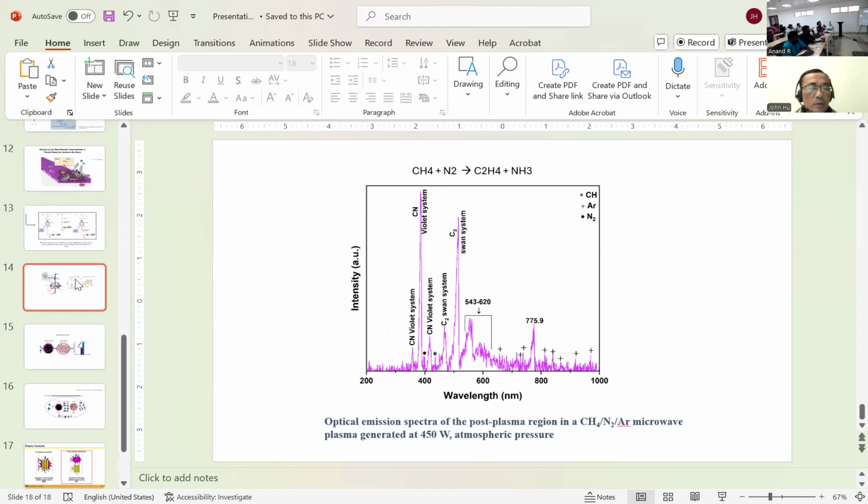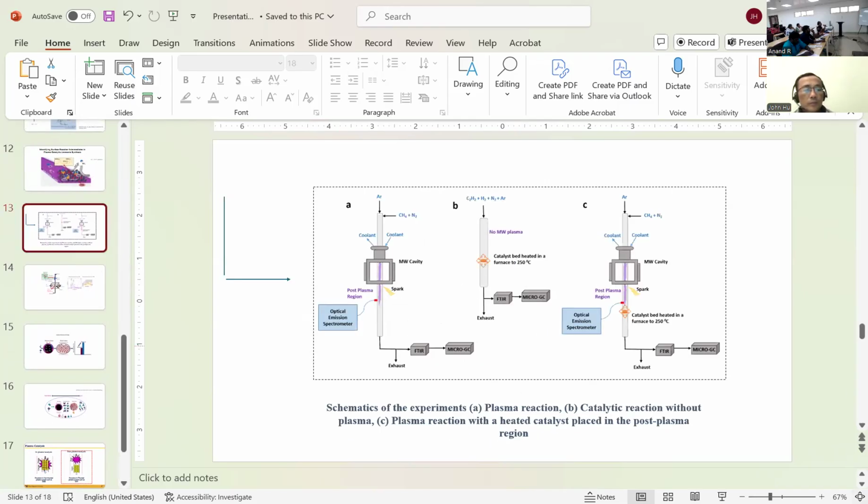Yes, sir. One more thing, sir. You said the software package or the library package. So in a single library package, we may predict all precursors or all radicals which will come from plasma. You have to do your own analysis. You cannot just trust the library. It's the same as the mass spectrometer.